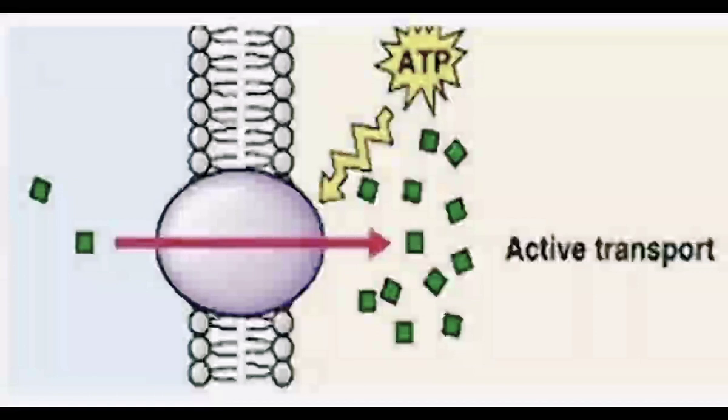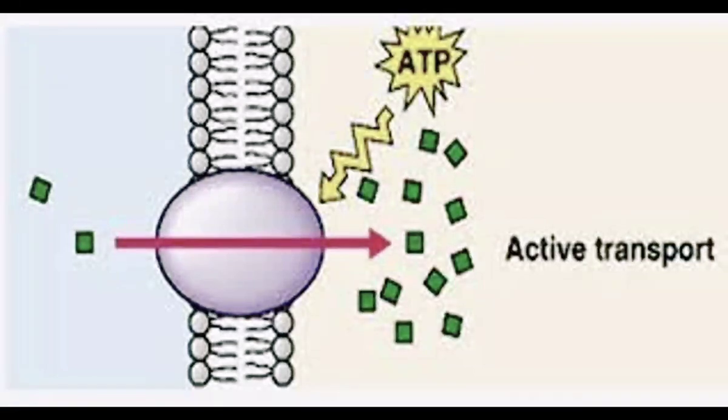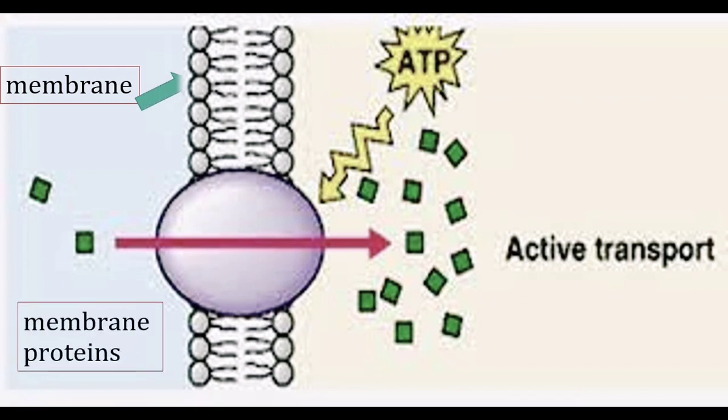Active transport involves membrane proteins. You know what is the cell membrane? It is the plasma membrane. Here the picture shows the plasma membrane. The plasma membrane has membrane proteins. These proteins help the transport of substances from lower concentration to higher concentration.